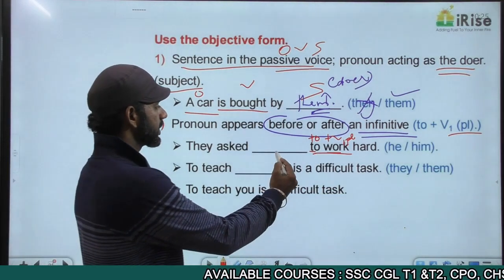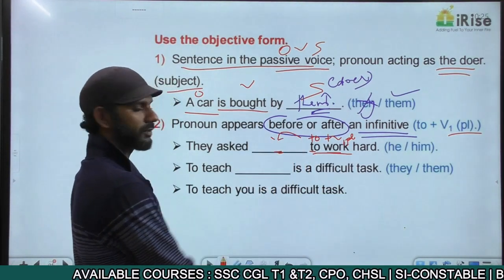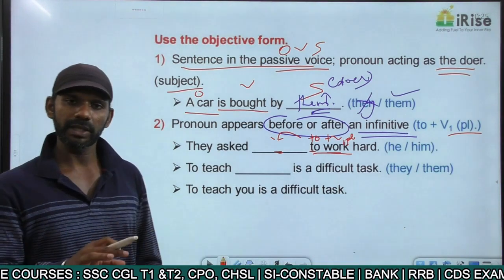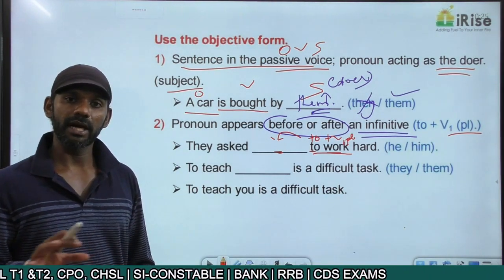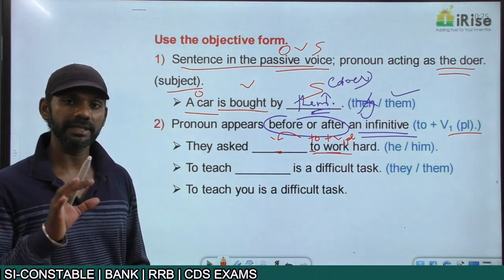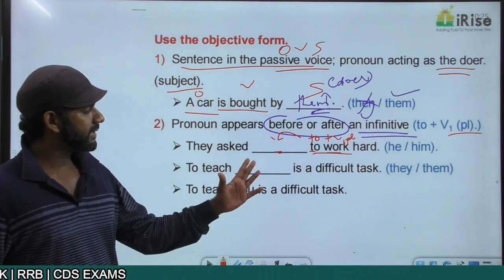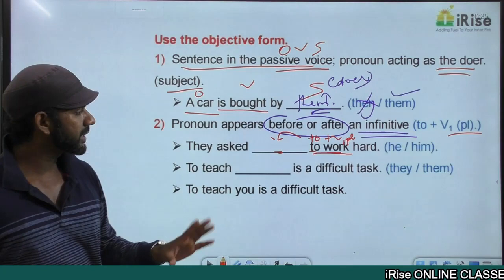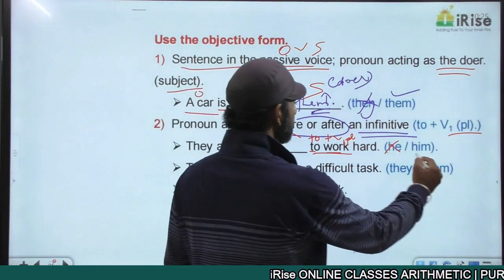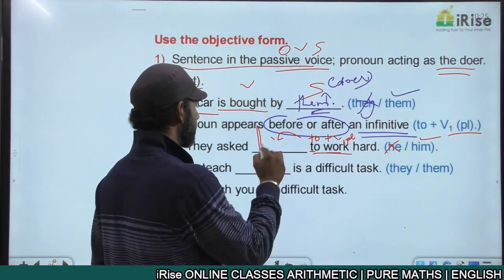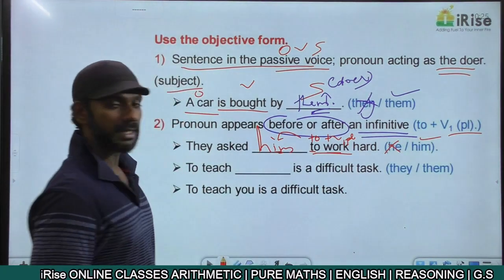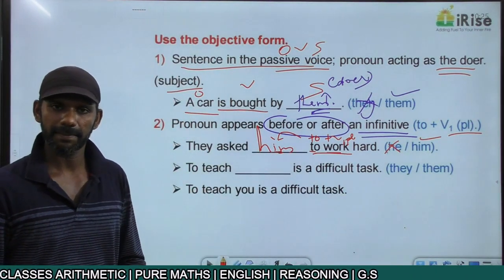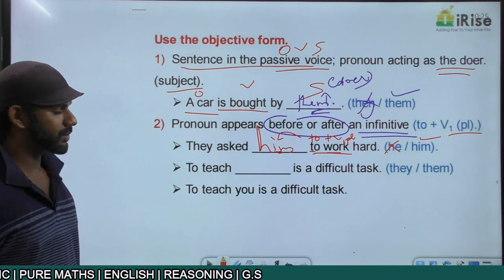In this sentence, the pronoun is coming before the infinitive, so it must be in the objective form. Based on that, he is eliminated, it must be him. They asked him to work. Getting it?